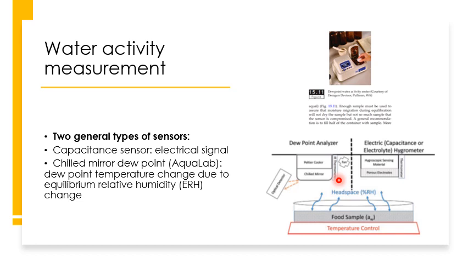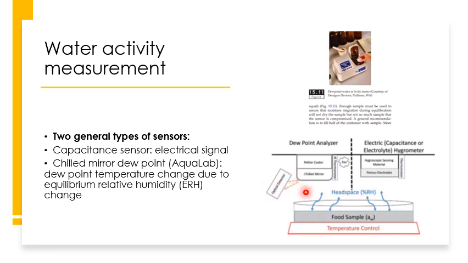We also have a temperature controlled mirror and a sensor to detect condensation on the mirror. The mirror temperature is controlled by a thermoelectric Peltier cooler. You can see on top of this chilled mirror a photo detector that monitors the reflectance of light off the mirror.